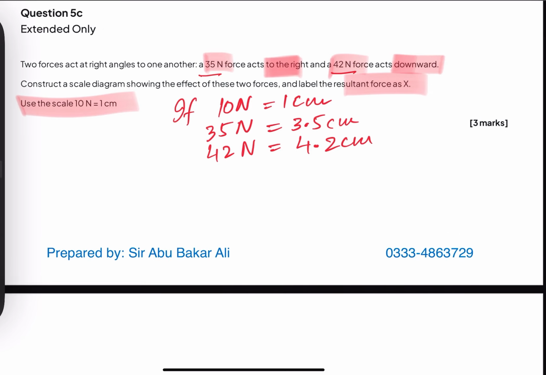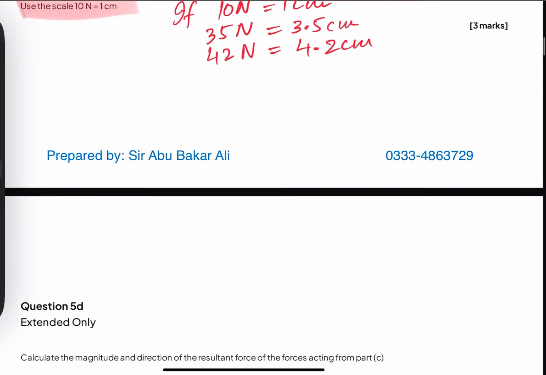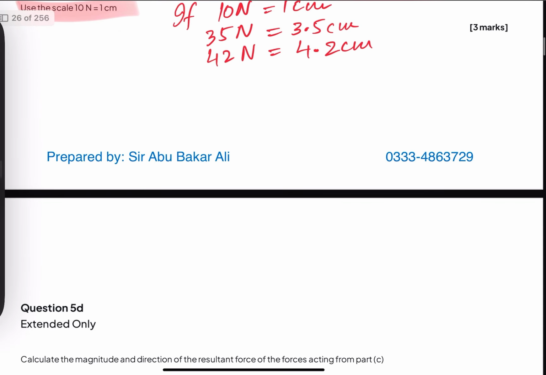So we have to construct a vector first for the 35 Newton force towards the right. Let me draw it a bit higher. We have 3.5 centimeter toward the right side.